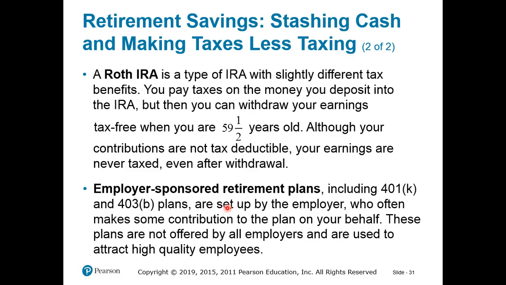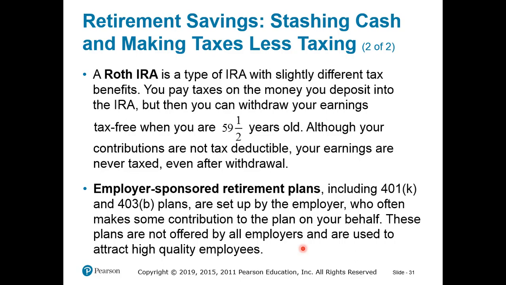403b plans are set up by the employer, who often make some contribution in the plan on your behalf. Now, for example, it's called a company match program. Okay, now that means that for, let's say, every dollar you invest, the company's going to invest a dollar for dollar up to, let's say, 5% of your check or something like that.